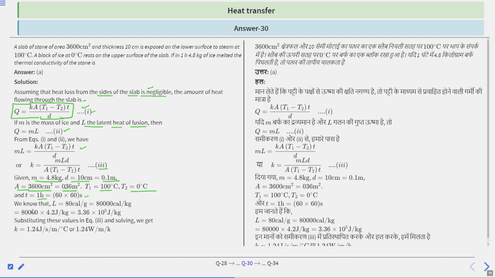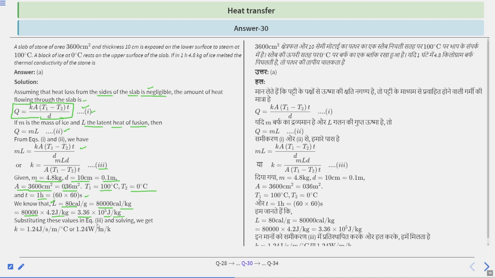Solving this, L is equal to 80 calorie per gram, which converted to joule per kg gives 3.36 times 10 raised to the power 5 joule per kg.